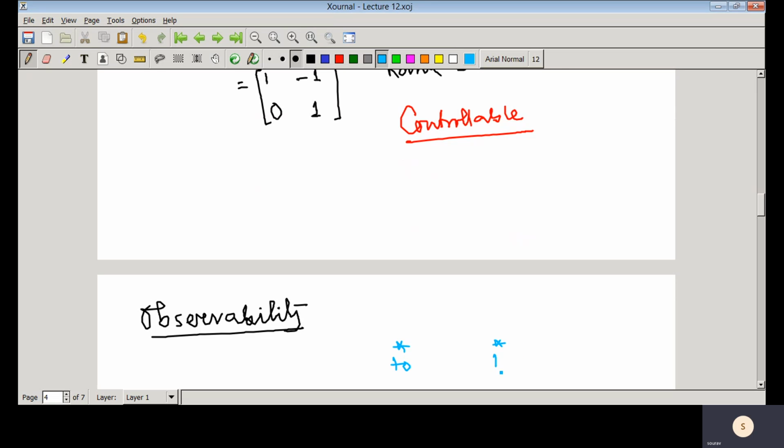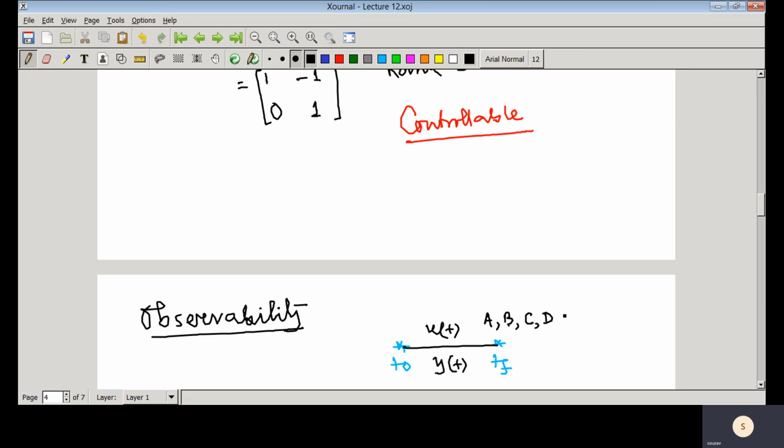Say suppose this is t0 and this is tf, and if we know the control input u(t) in this particular time range, as well as if we know the output of that system in that time range, along with the information of those matrices.